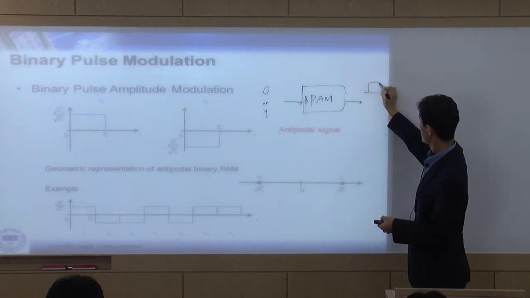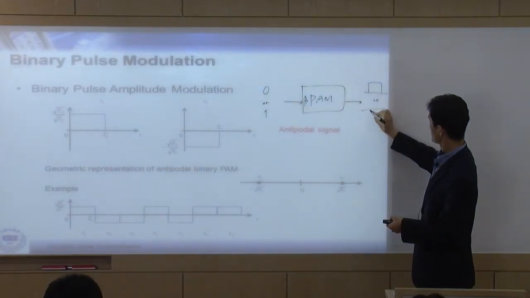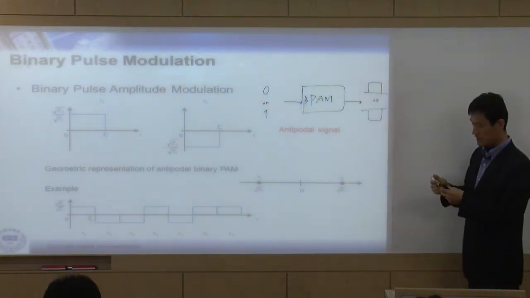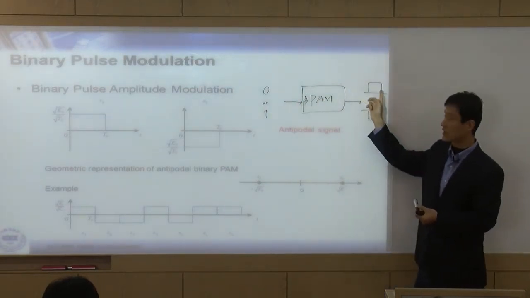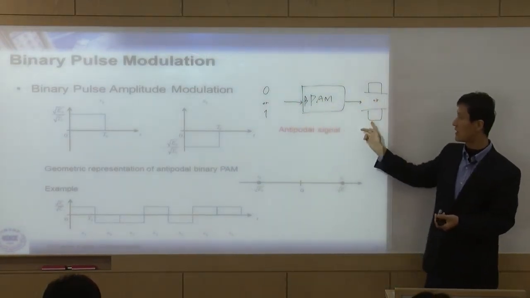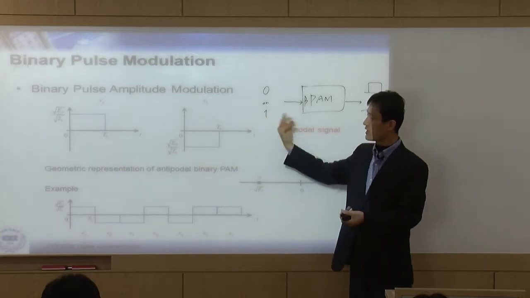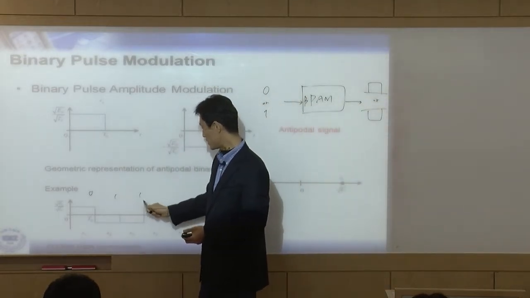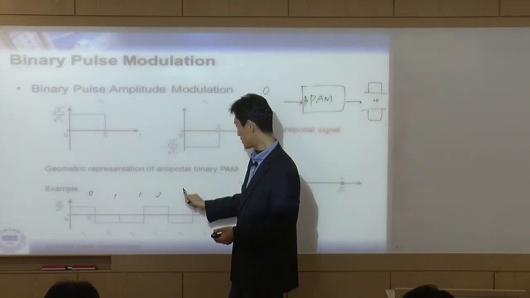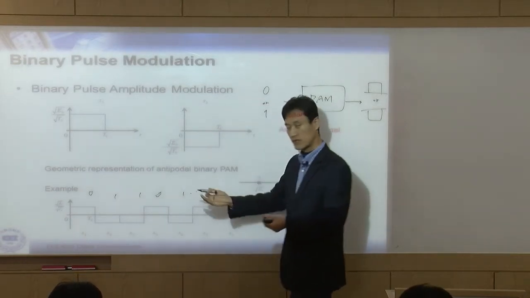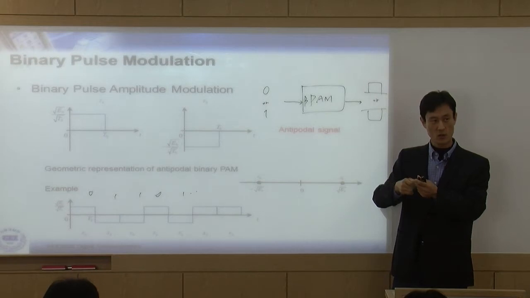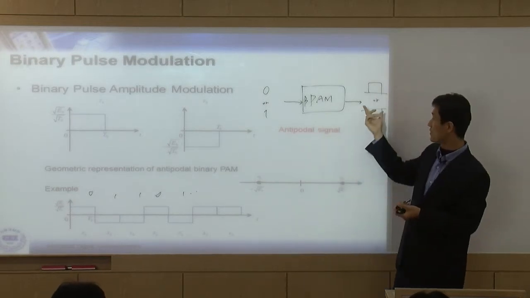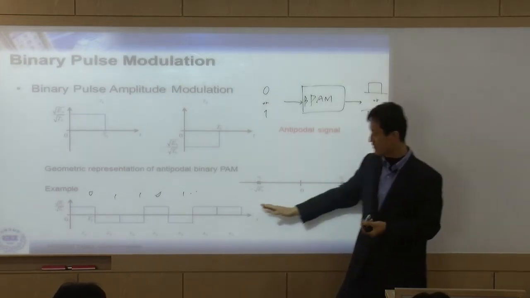If the input is 0, you get this output. If the input is 1, you get that output, right? But what we get as an input is a bit sequence, like 0, 1, 1, 0, 1, one after another. So therefore, you're going to get one of these every time.